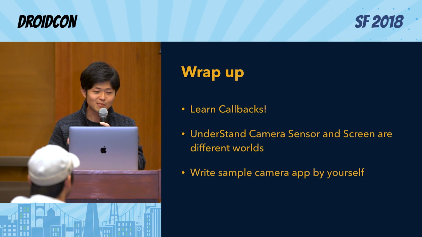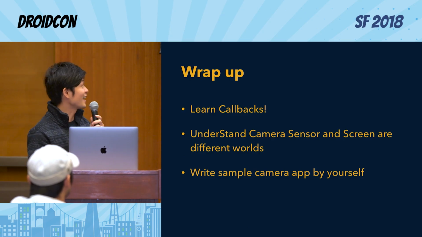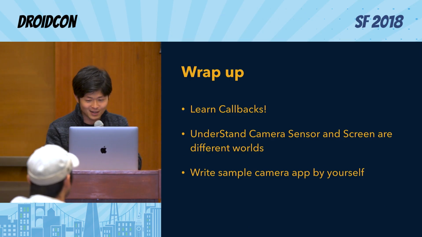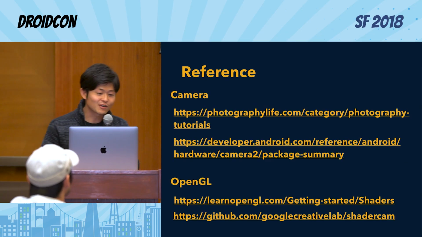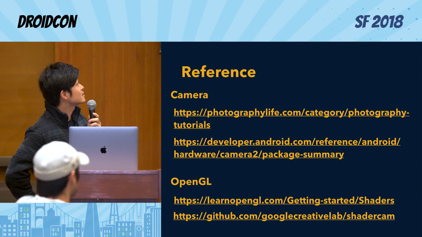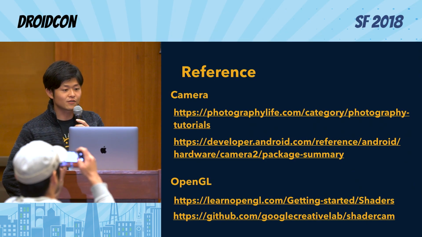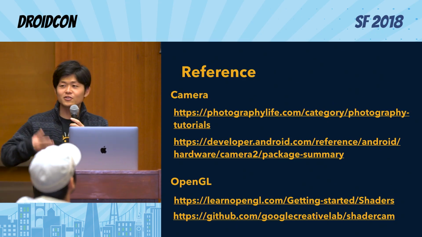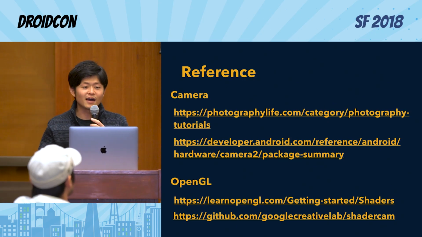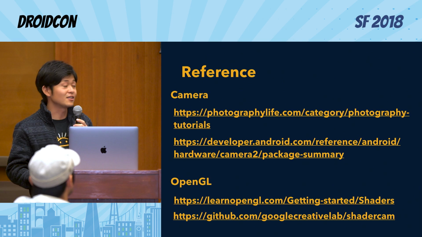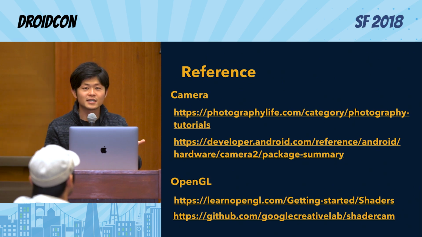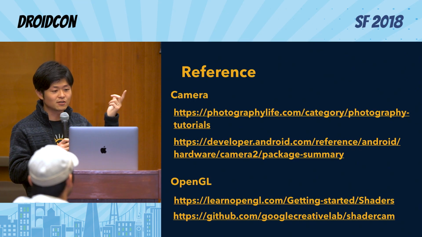I had to use the mic, so there were 3 things I talked about for the wrap-up. But for the reference, I have a couple of references that are a good source to learn. First one is, to actually use the Camera2 API, you need to learn about the camera. Like you need to learn what auto exposure is, what metering is, and there's a good link that you can find to learn about this.